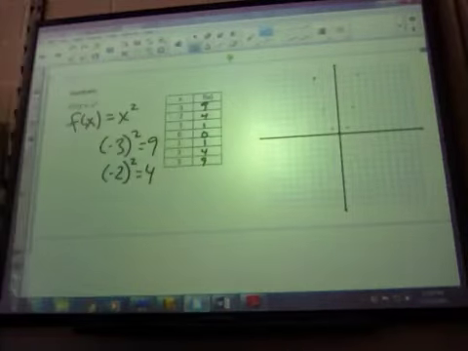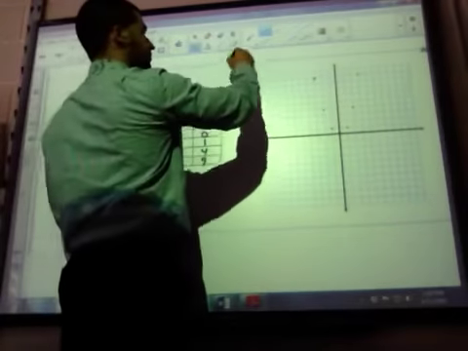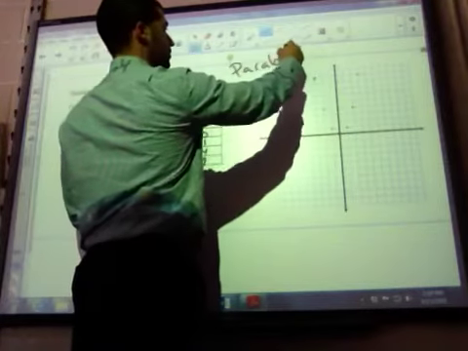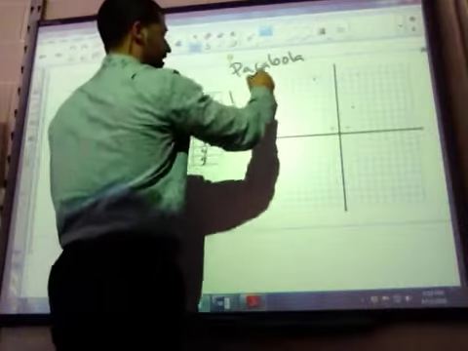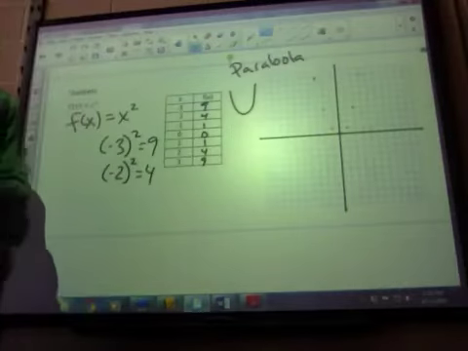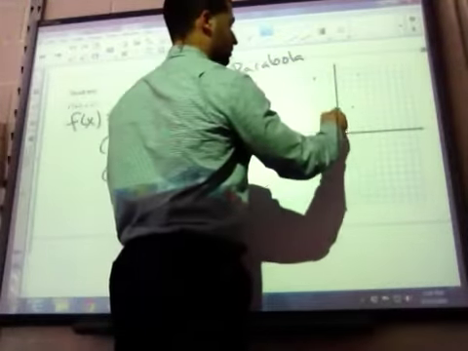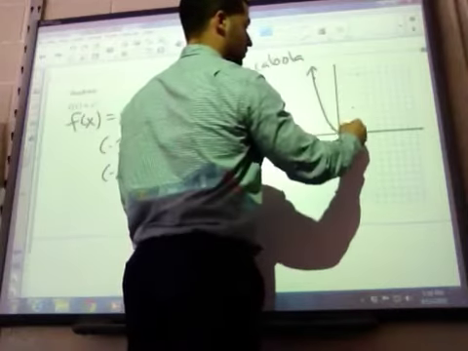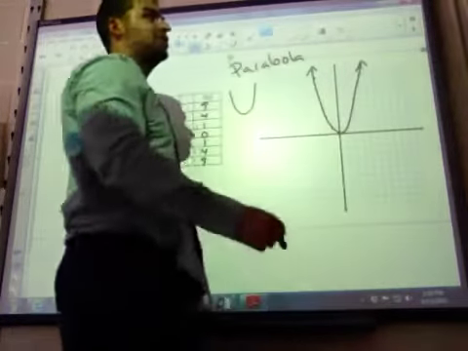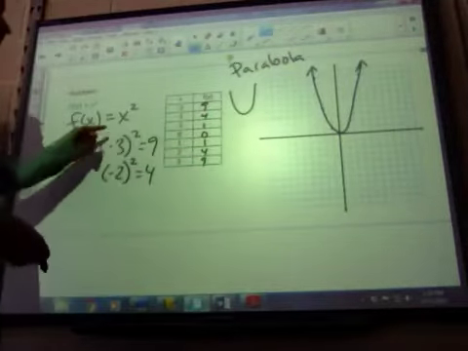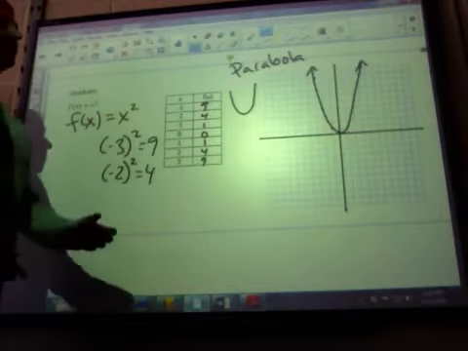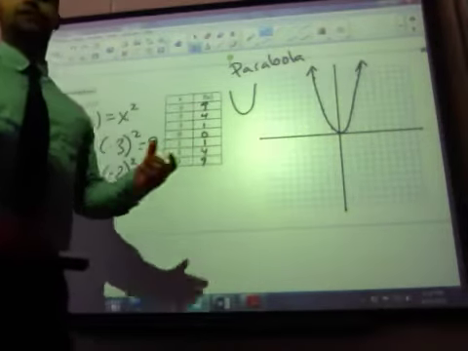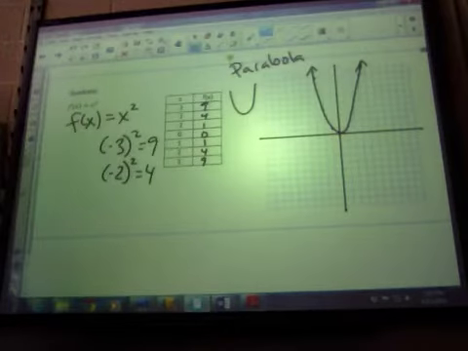And a quadratic graph is called a parabola. It's a U-shaped graph. Looking like this. You could also have an upside down parabola. If you started with a negative number, your parabola could go up or down, left or right, or grow or shrink.